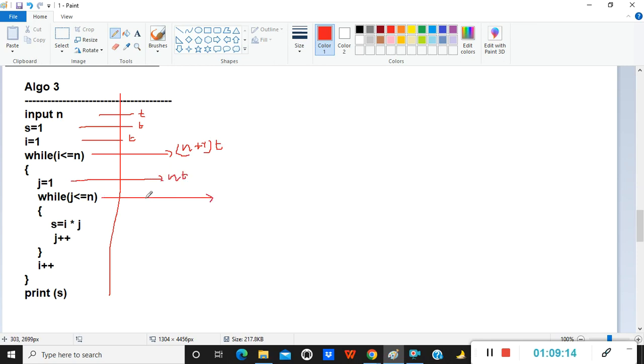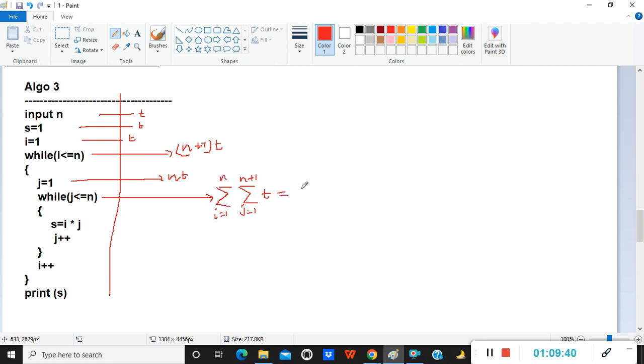Here I am giving you the summation sign, where j goes from 1 to n plus 1. But since this is an inner loop, it will also have a sum over i equal to 1 to n.